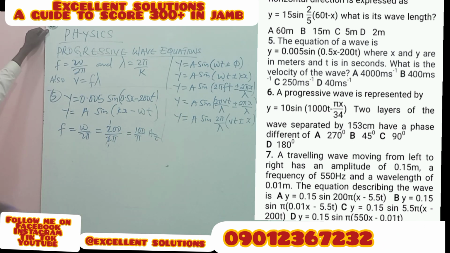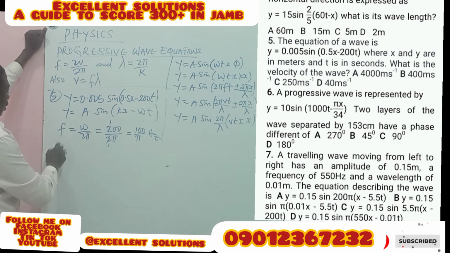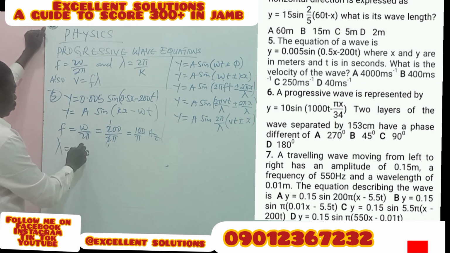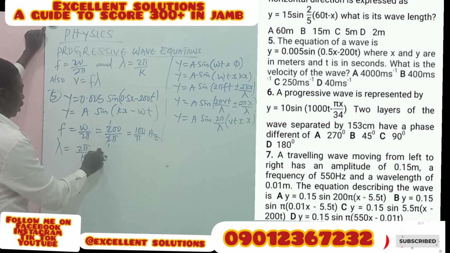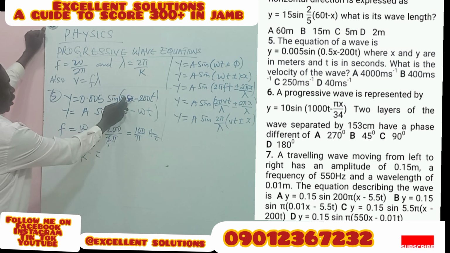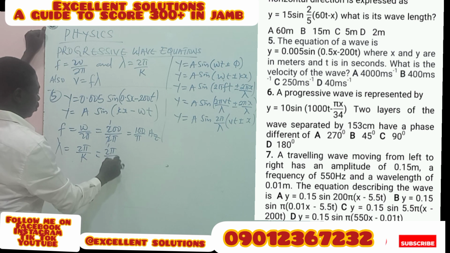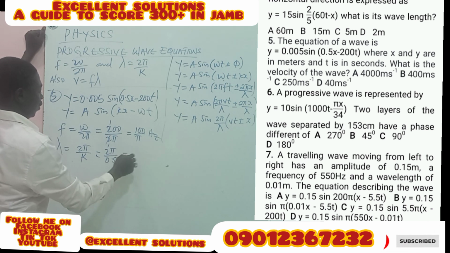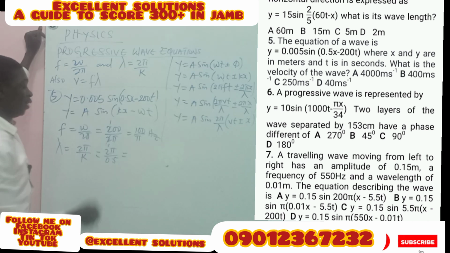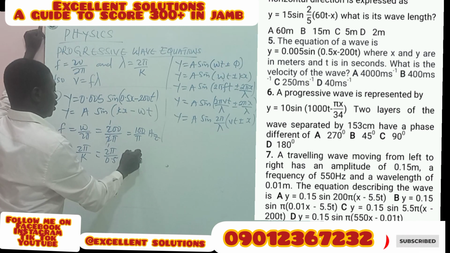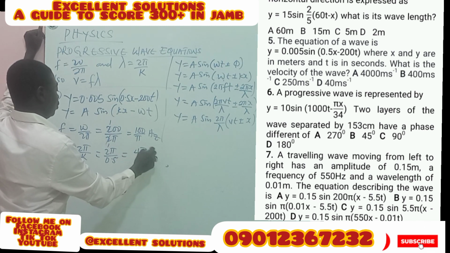That is the frequency. And the wavelength, lambda is equal to 2 pi upon k. Looking at this, our k is 0.5. This is now 2 pi upon 0.5. And anything divided by 0.5 is double of that. So this is the same as 4 pi meters.